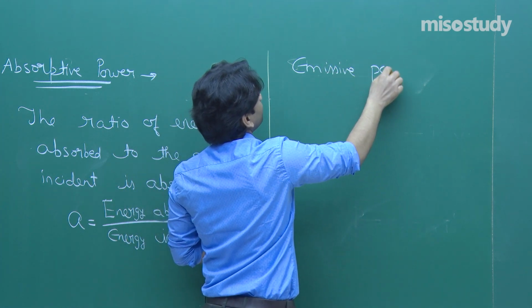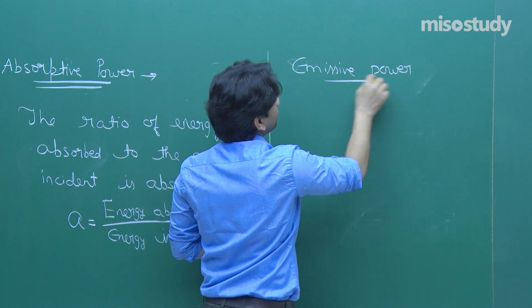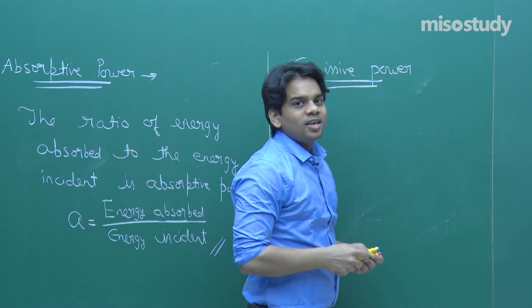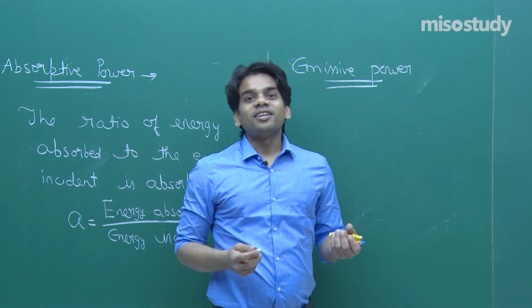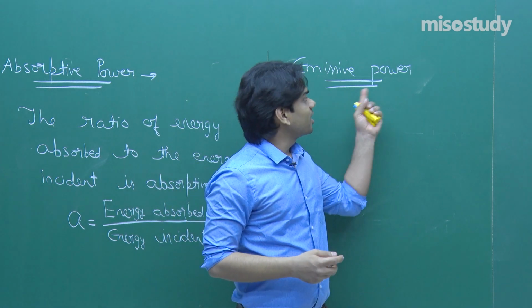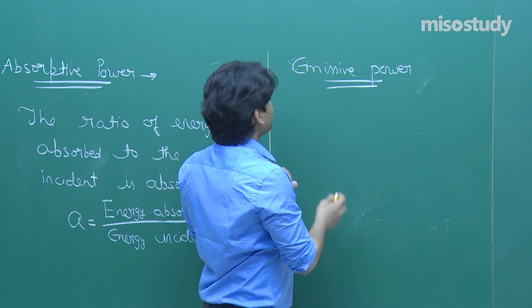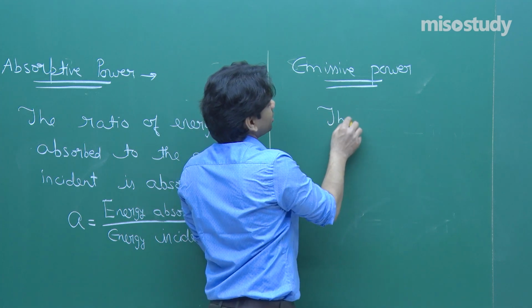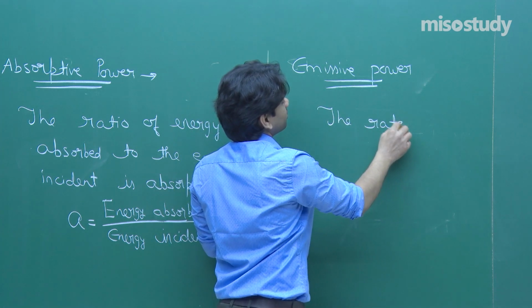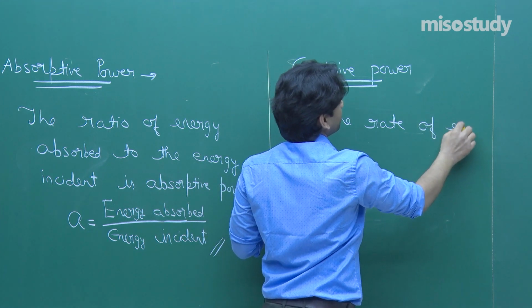Emissive power is a very simple term. This is the rate at which energy is emitted by the body per unit area. The emissive power is the rate of energy emitted per unit area.